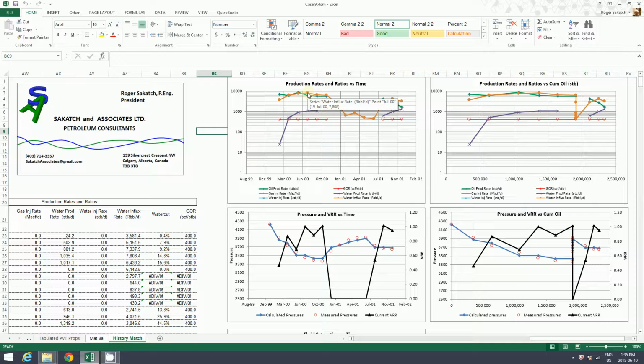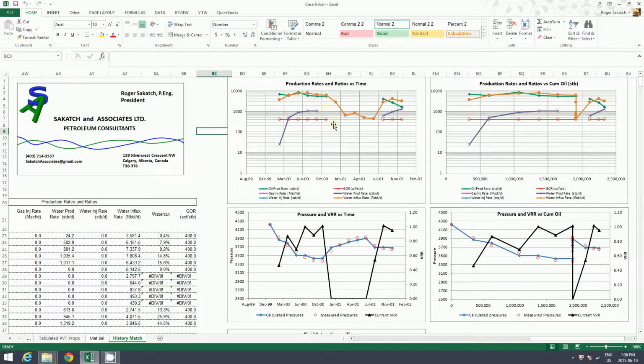In some cases, slightly higher. In other cases, slightly lower. Keep in mind, though, that these water volumes, influx volumes, are at reservoir conditions, so they're in reservoir barrels, whereas obviously the oil production that we're seeing here is in stock tank barrels.